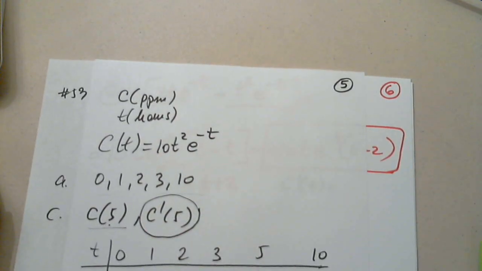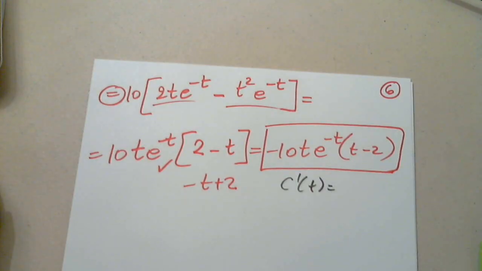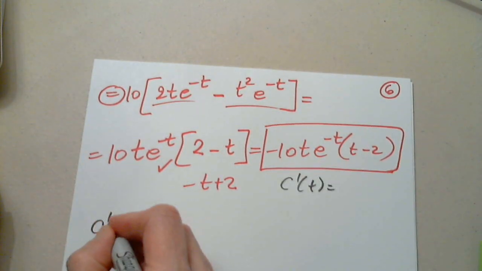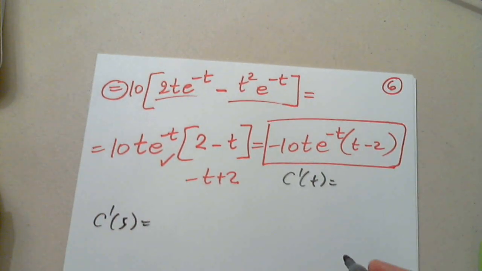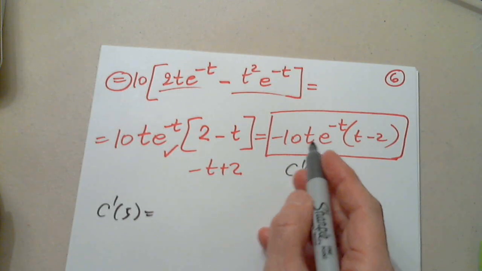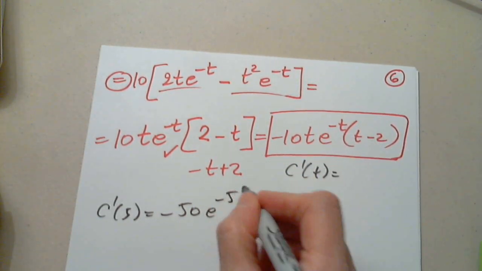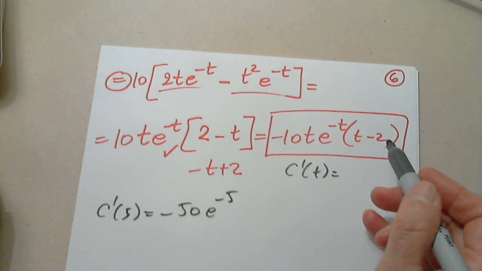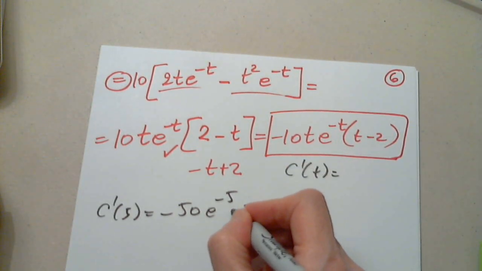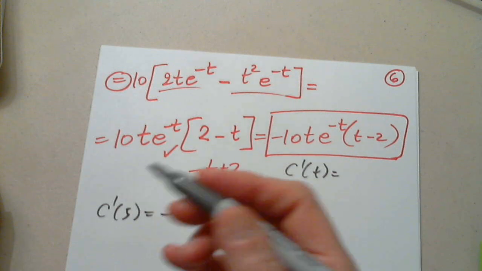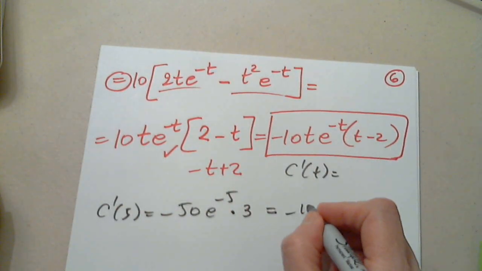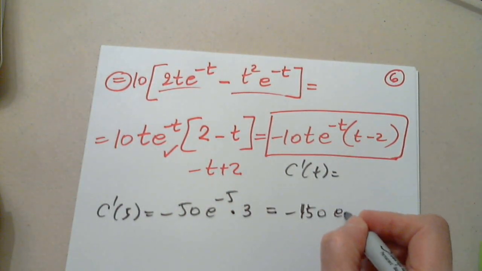But now they want us to find C prime of 5. Since I have the function, C prime of 5 will be negative 10 times 5, negative 50, e to negative 5. And 5 minus 2 is 3. So the answer is, I'll have to use the calculator, negative 150 e to negative 5.